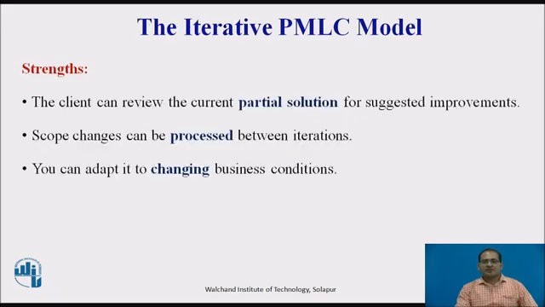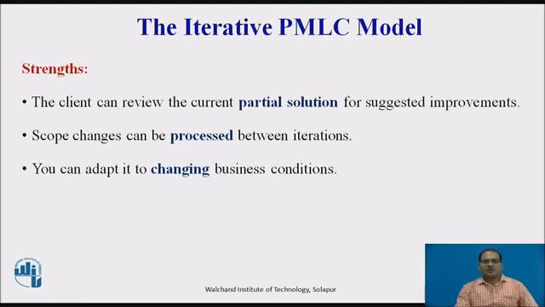Now we'll see the strengths. The client reviews the current partial solution for improvement. There is no substitute for the client experiencing and using a partial solution. This continuous review by the client tends to keep the solutions aligned with business needs.